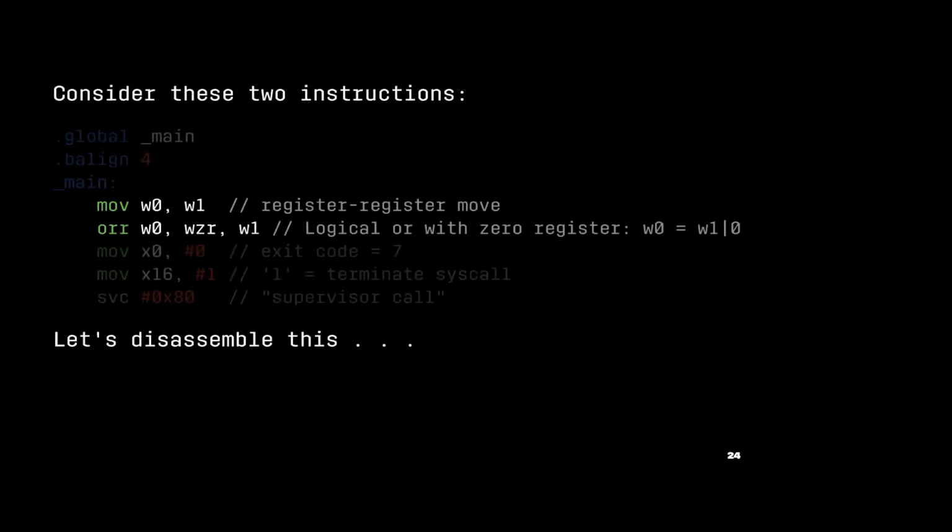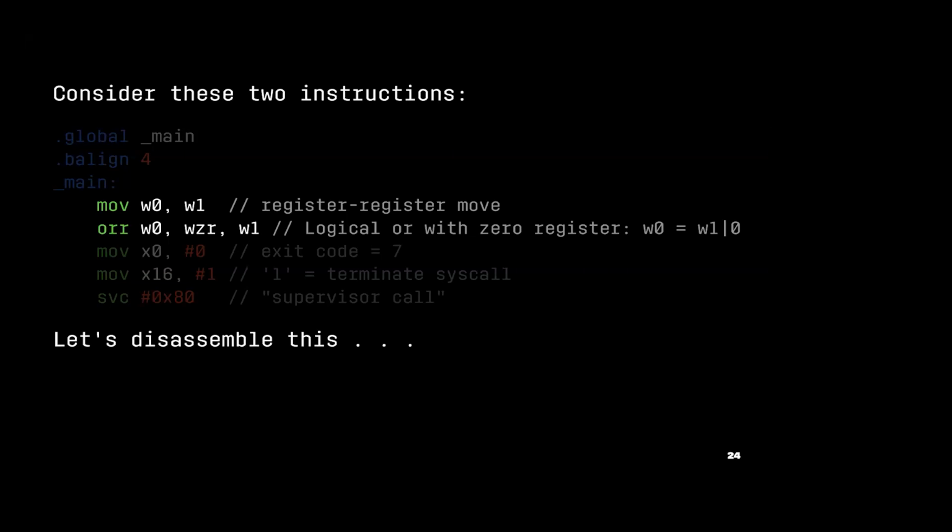Consider these two instructions. The first one moves the value of the W1 register into the W0 register. The other is a bitwise OR of WZR and W1, moving that result into W0. The WZR register is encoded as the 31st register.